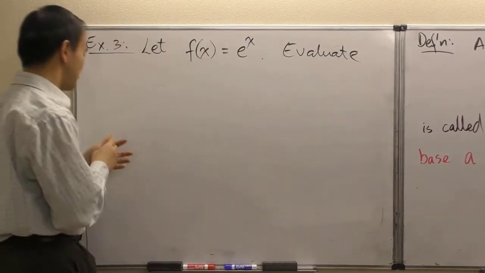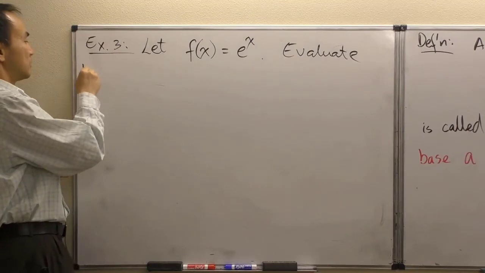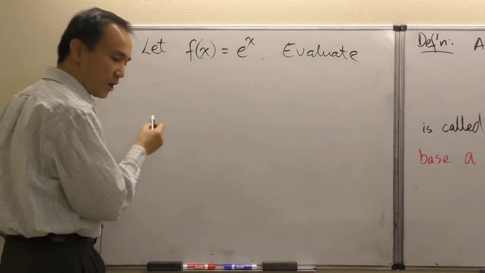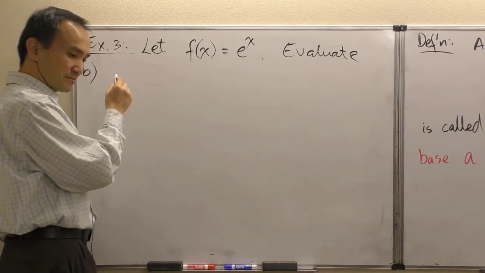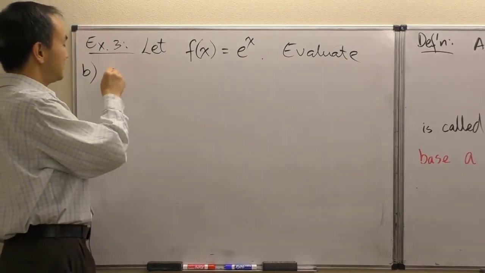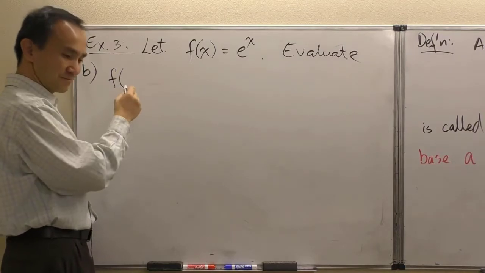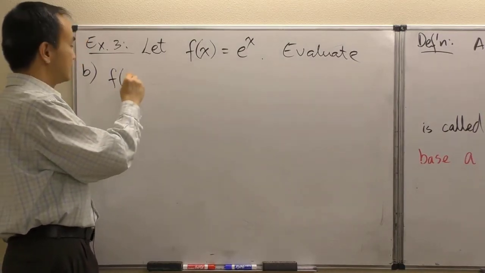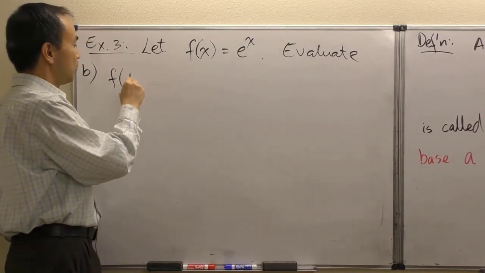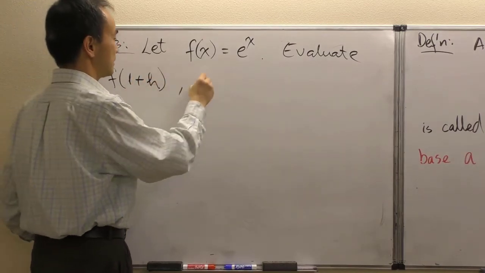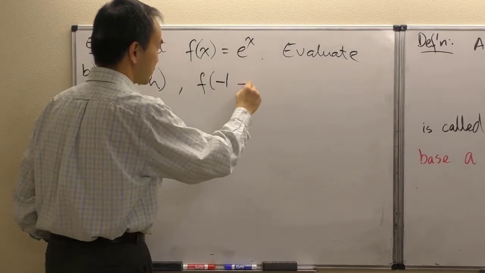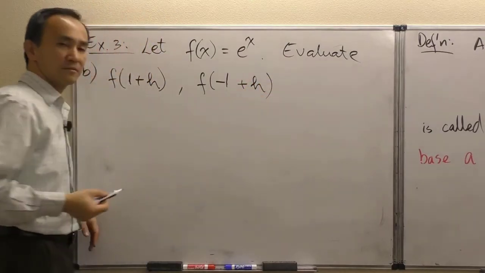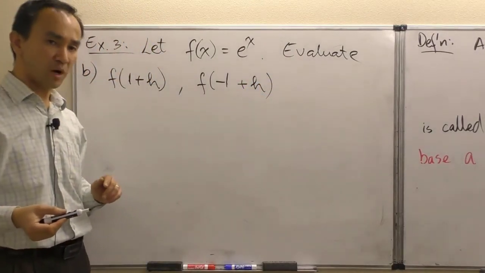All right, so for part B, the problem is asking us to evaluate f of 1 plus h, and then f of minus 1 plus h.